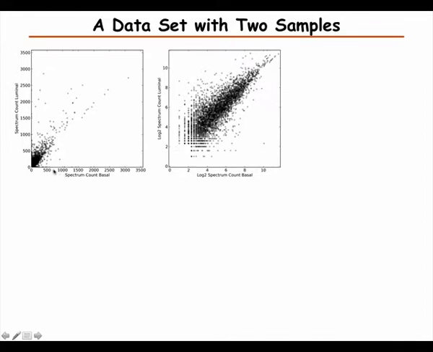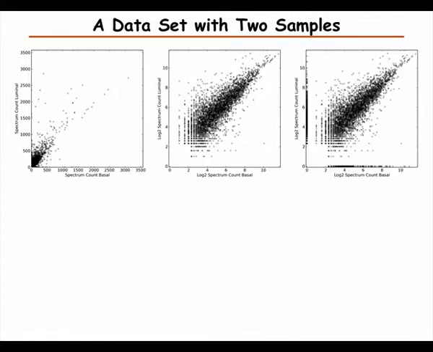It's probably not so clear, but there are actually a lot of proteins that are not found in one of the samples, but only in the other one, and vice versa. Those will be 0 in one case, so they will not show up here. But we could add them back at an arbitrary place, and here we've just added them back at 0. So these are measurements that are not present in one sample, but present in the other one.